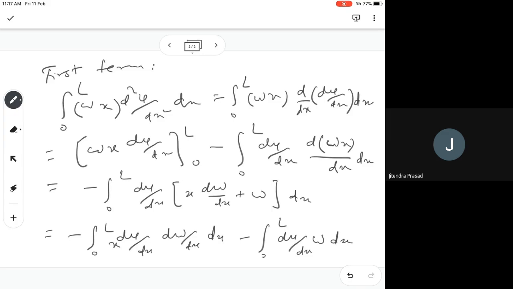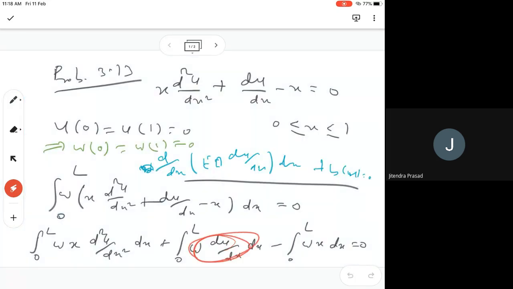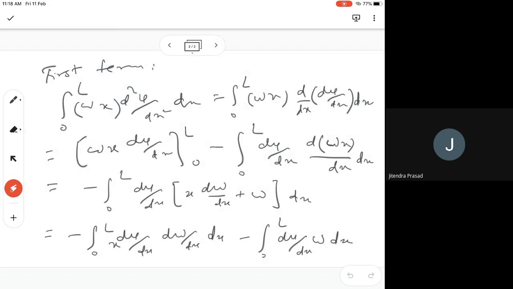Right? You got this term now, and here you have this term, and they cancel. So w du over dx here and w du over dx there, both cancel out, right?